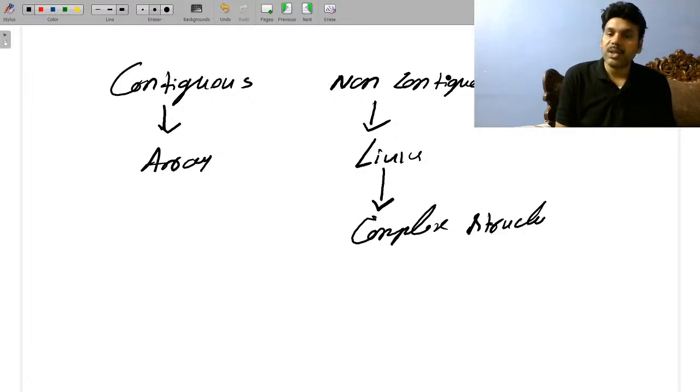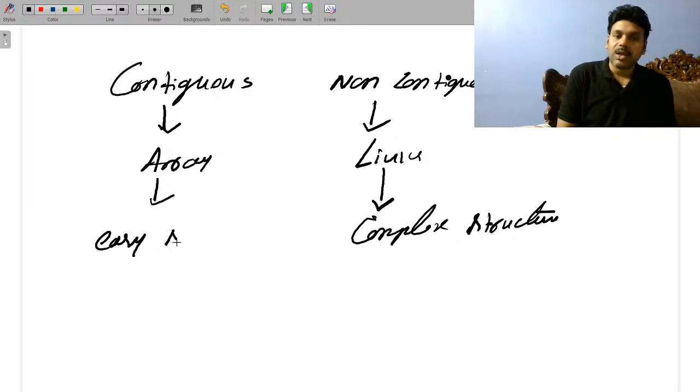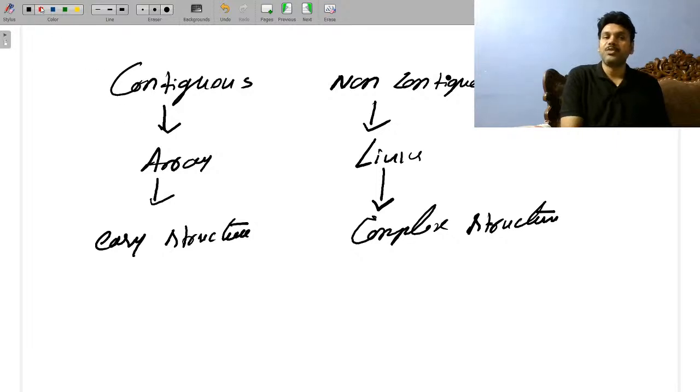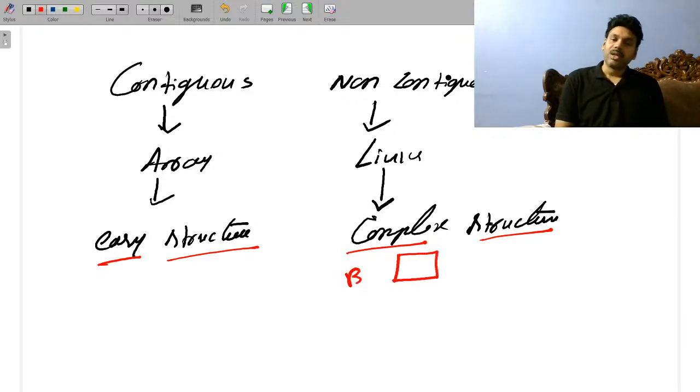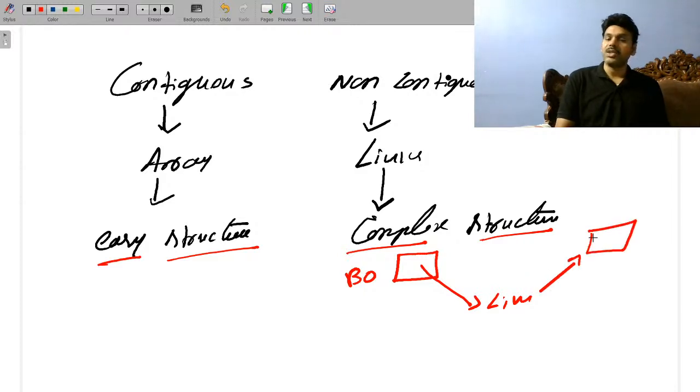Why is it complex? Contiguous is an easy structure, because the blocks are consecutively available, so I can directly access the content. But non-contiguous is complex. Why? For every block you have to maintain links, and I need to identify these links along with your data.